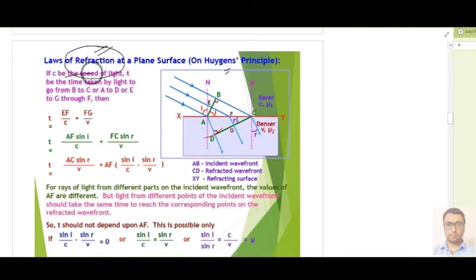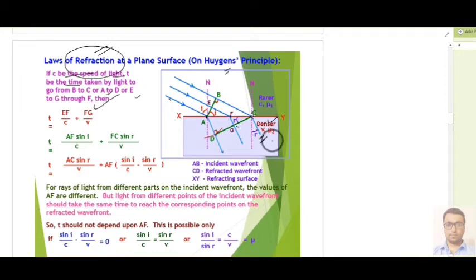In this case, if C is the speed of light and t is the time taken by the light to go from B to C, and this A to D or E and then G. Suppose this planar wavefront is falling on the surface and light is going from A to D, then F to G, and then from C in the forward direction, and this is your denser medium.